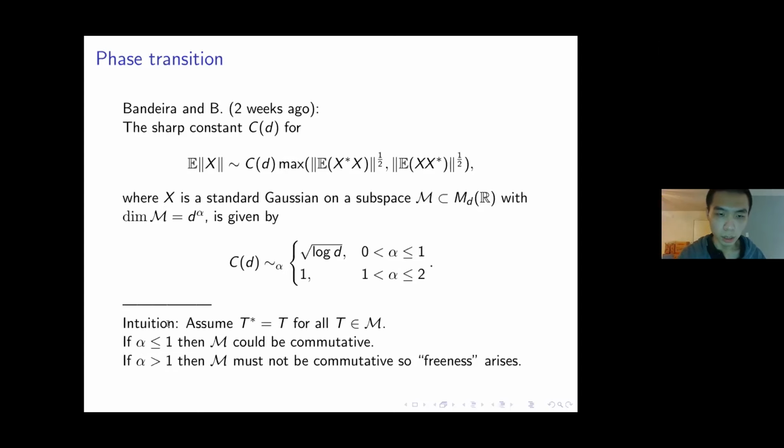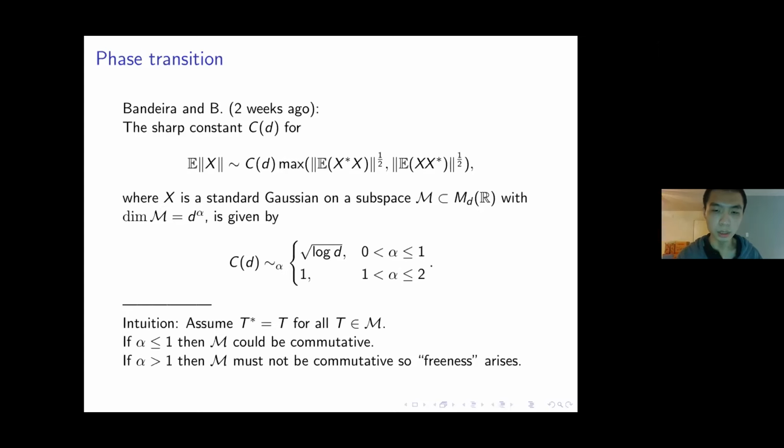And as alpha, which controls the dimension, gets larger and larger, the dimension gets larger and larger, so it's more and more away from the commutative case. And the opposite extreme of commutative is freeness.